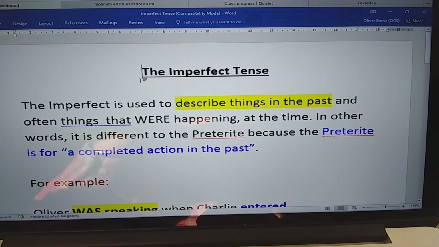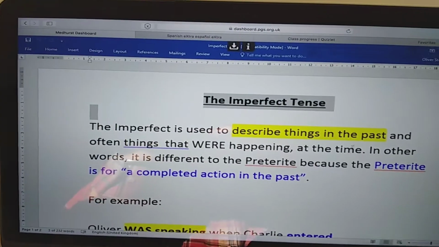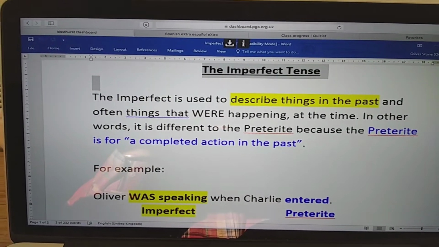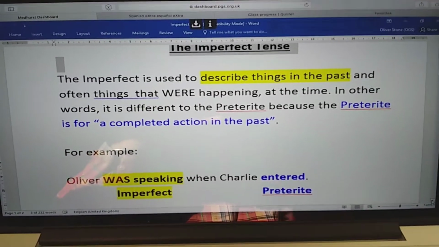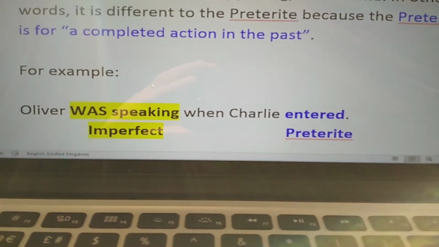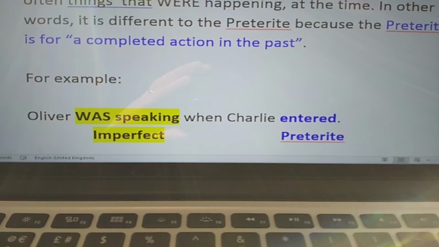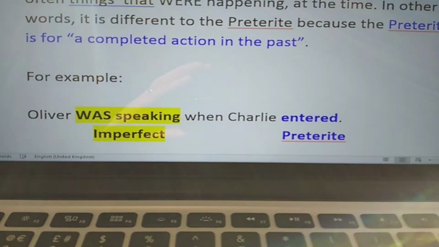If we just go down a little bit, sorry, on my place. Here's a really good sentence that makes it clear to you. Oliver was speaking when Charlie entered.